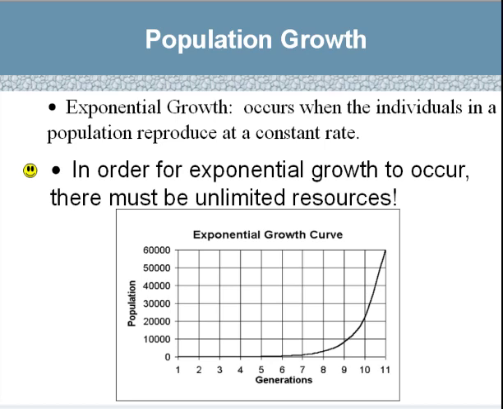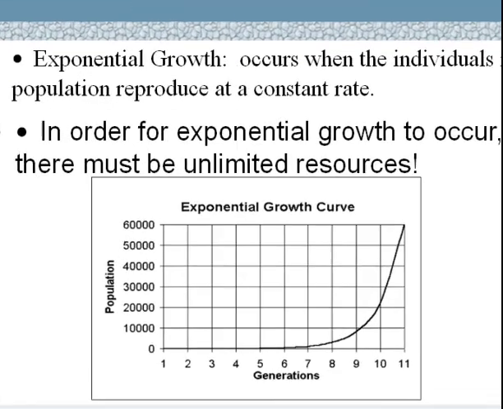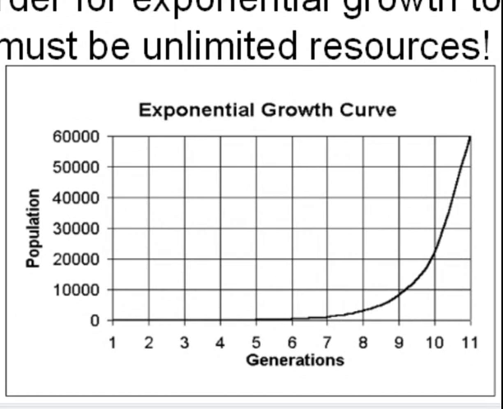There are a couple different types of population growth. The first is considered exponential growth. And this type of population growth occurs when individuals are allowed to reproduce at a constant rate. So you can see in the graph below that there is a consistent increase in the population. And as you get more species, more are reproducing, so it ends up increasing at a much greater rate every generation.